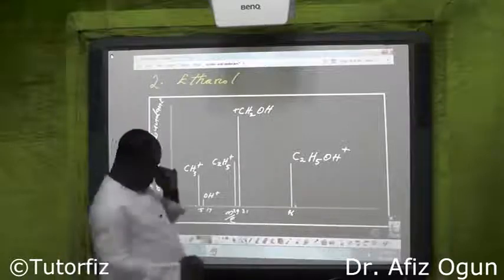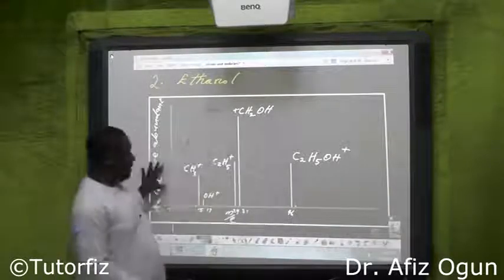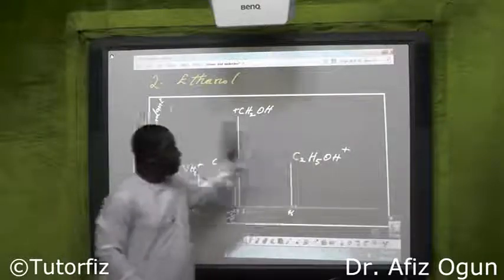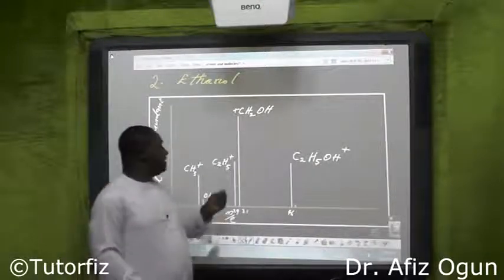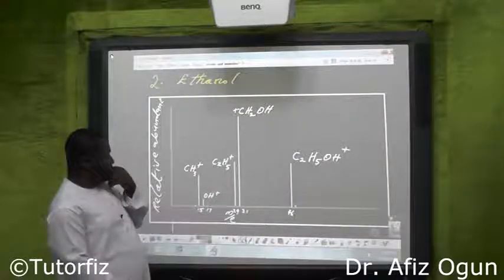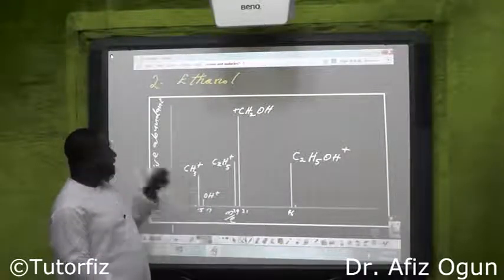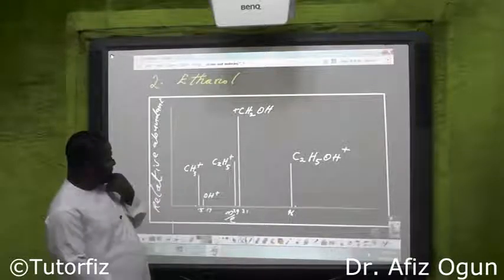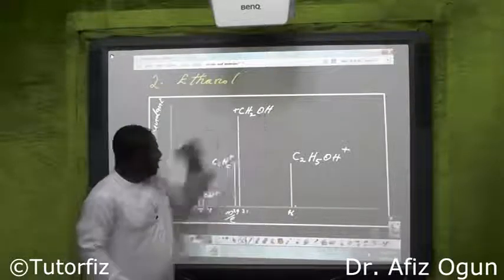Now, assuming you have all these peaks, and they're asking you to suggest what is here. You know surely that this thing contains CH3. It also contains C2H5. It also contains CH2OH.